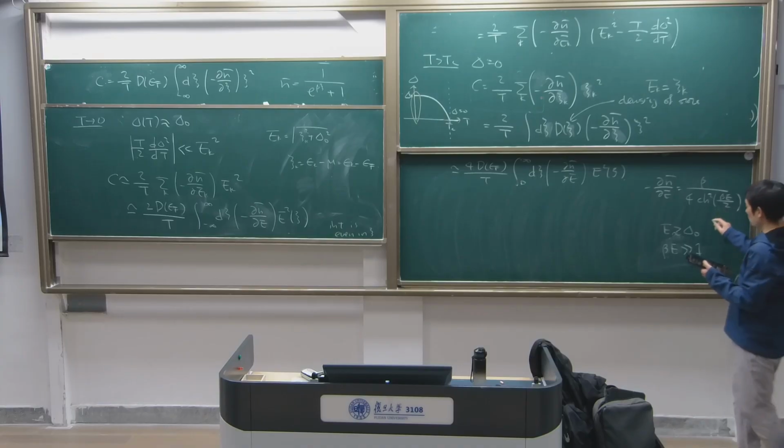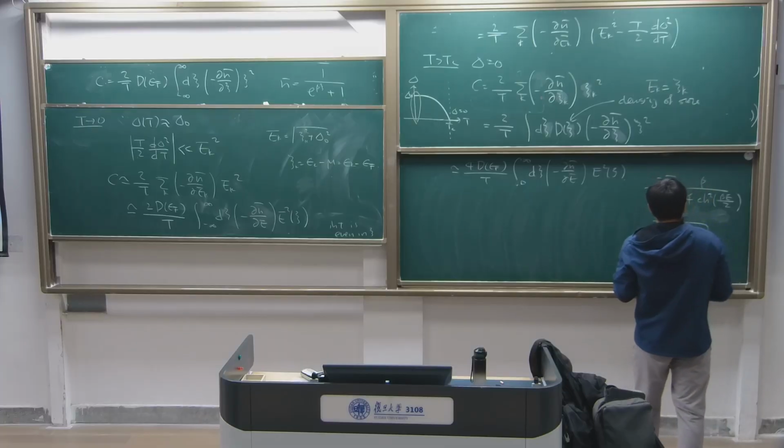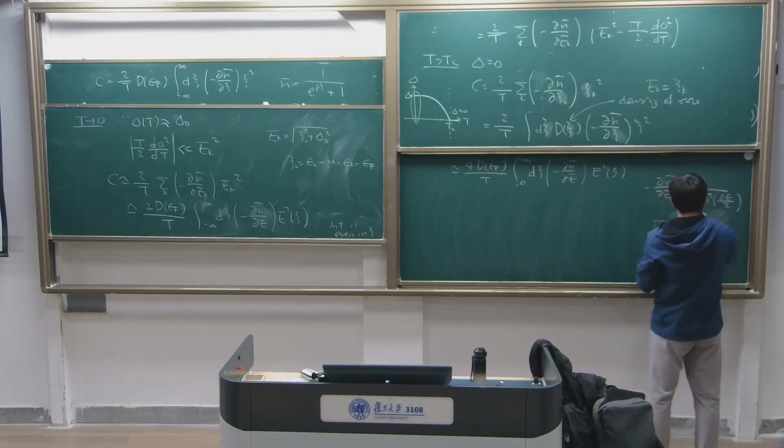So if you look at this one, in this approximation, one can just show that this is roughly speaking 1/4 E to the minus beta E. Sorry, so this is roughly speaking beta times E to the minus beta. So that's what we can do.